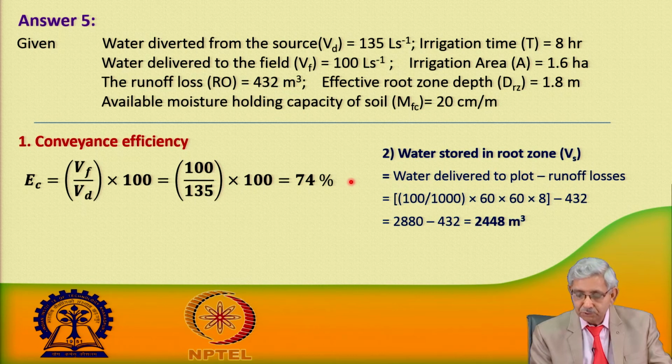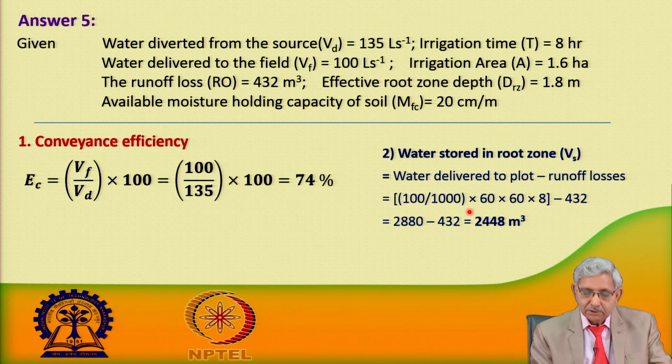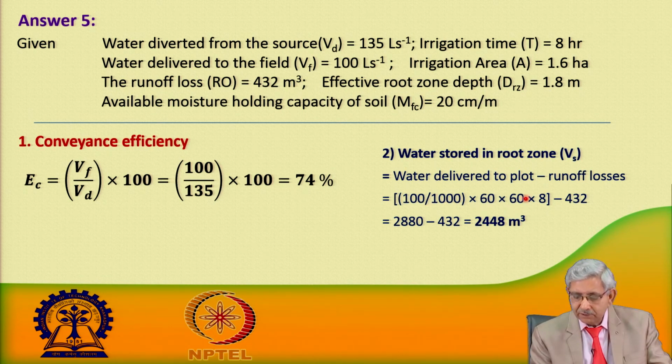Water stored in the root zone is water delivered to the field minus runoff loss. In this question we know the amount of water delivered to the field. We have the stream size of 100 liter per second. So, 100 liter divided by 1000 will give cubic meter, and this water is supplied for 8 hours. We are converting this into volumetric form, so this will be multiplied by 60 into 60 into 8.